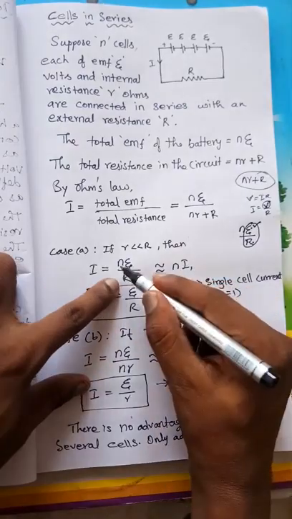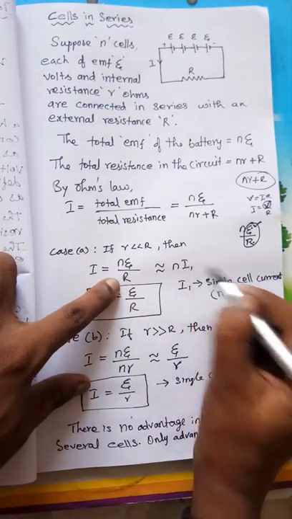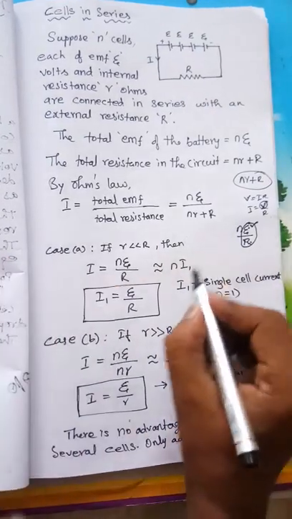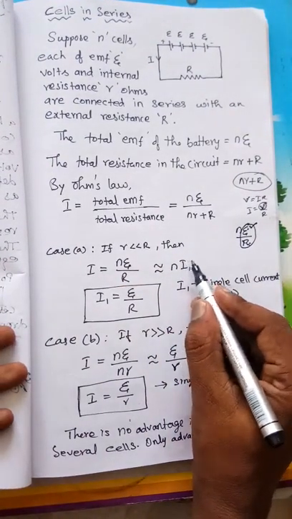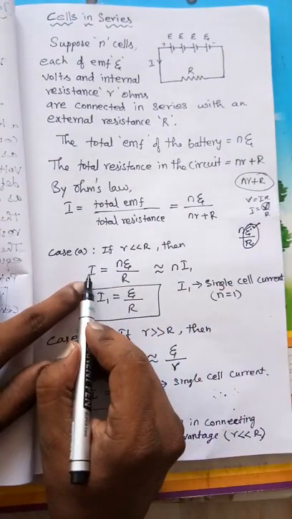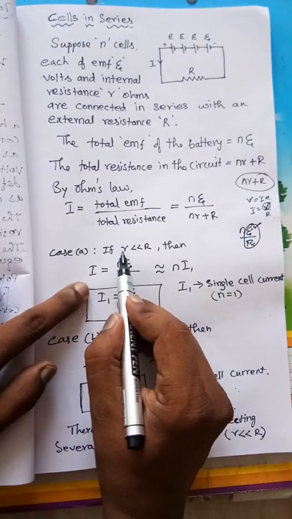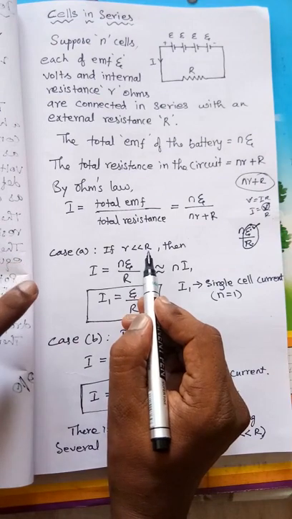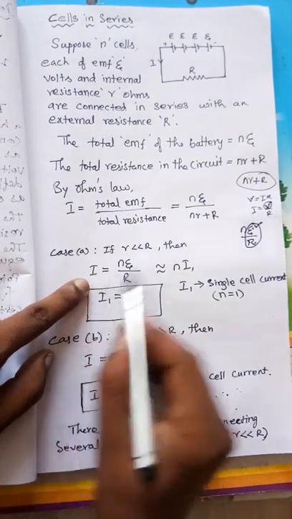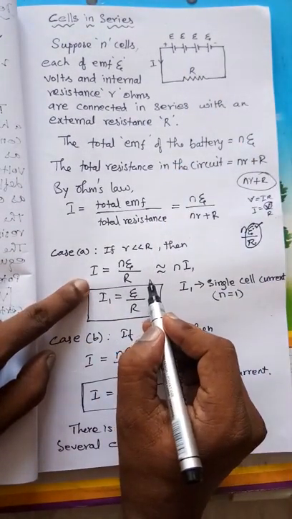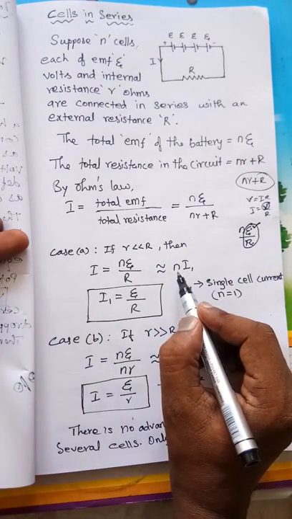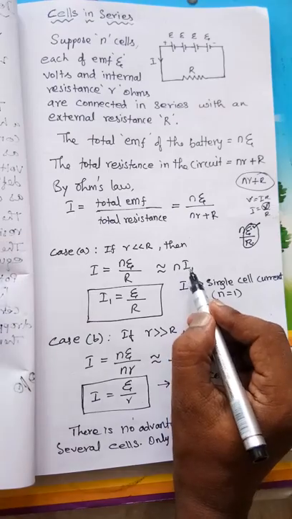That is N into I1. I1 means the single cell current, N equal to 1. So what is the total current? If the internal resistance is very much less than the external resistance, the total current in that circuit equals the number of cells into each cell's current.